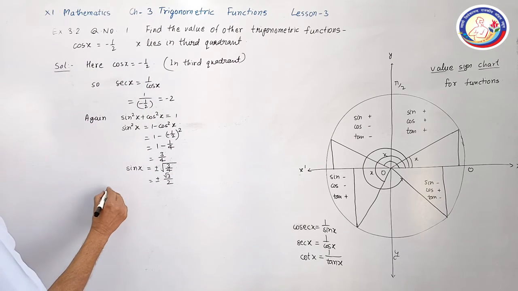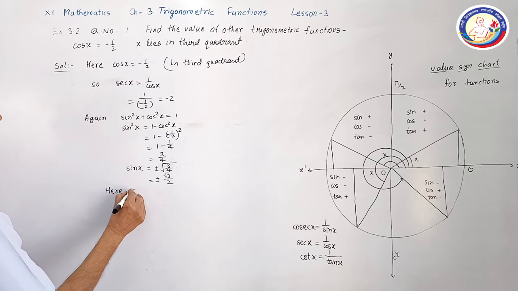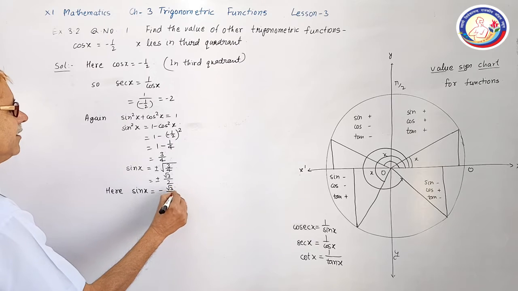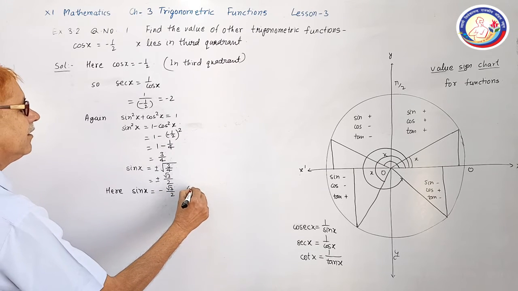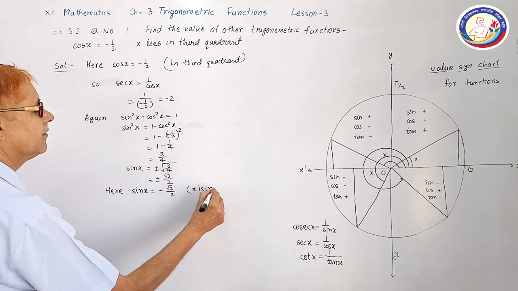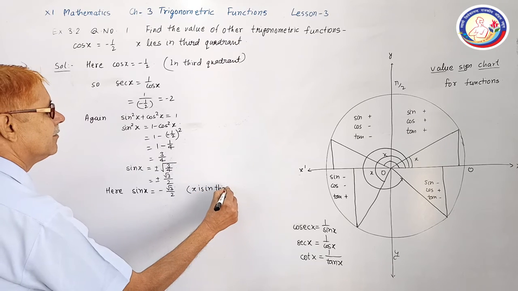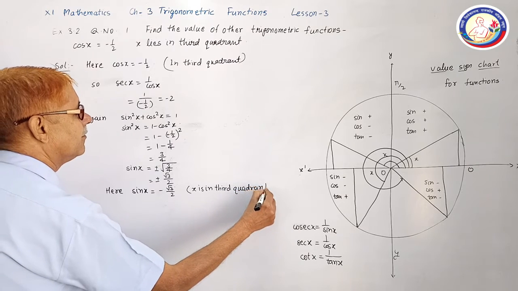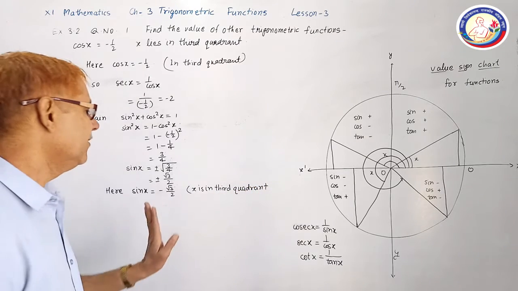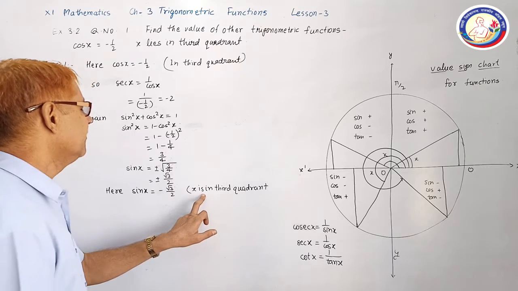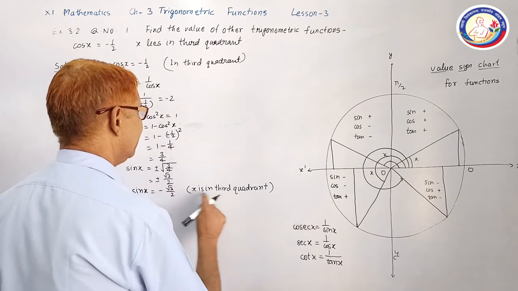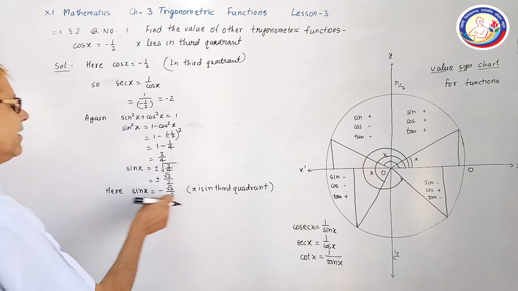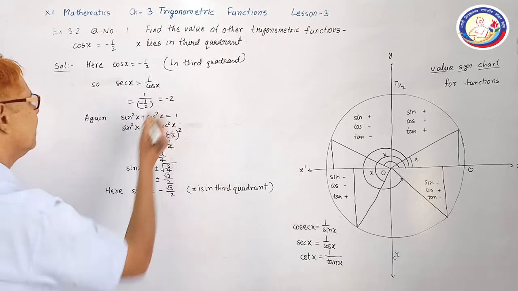So here sin x will be equal to minus square root of 3 by 2, because x is in the third quadrant. So x is in the third quadrant and sin x is negative.